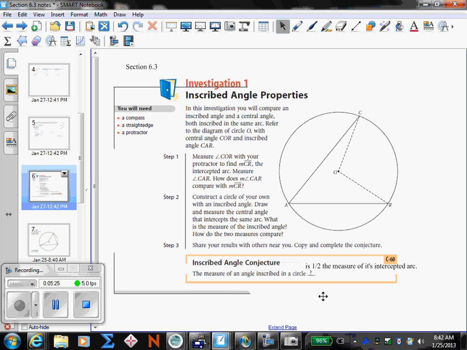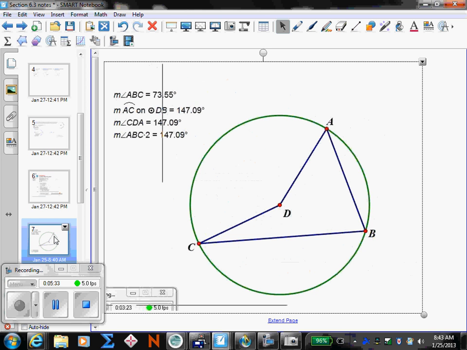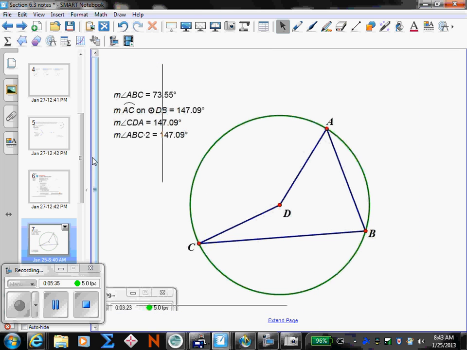The measure of an angle inscribed in a circle is 1/2 the measure of its intercepted arc. So there's our picture to go along with it.